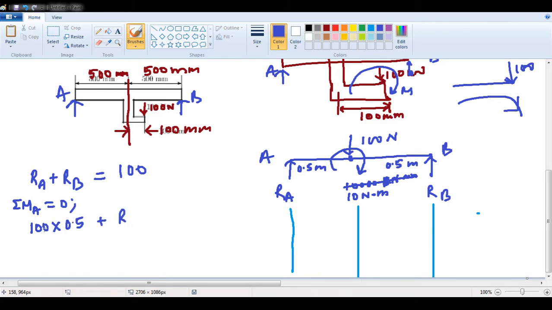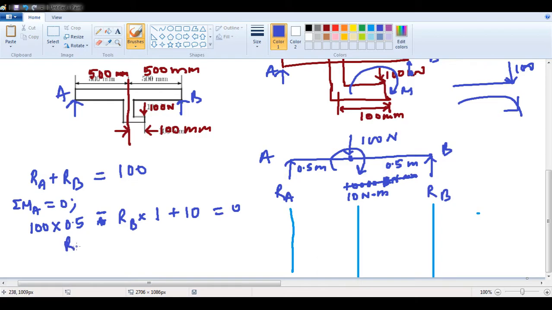If I am taking this side plus, the opposite side will obviously be negative, that is RB into what distance? At a distance of 1, correct? And then there is a moment again in the clockwise direction is equal to 0.